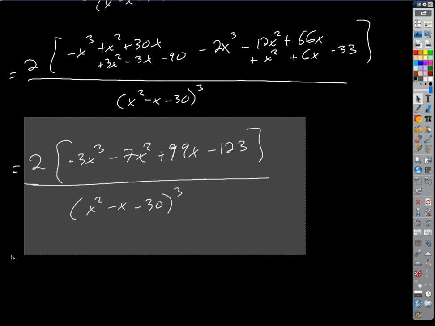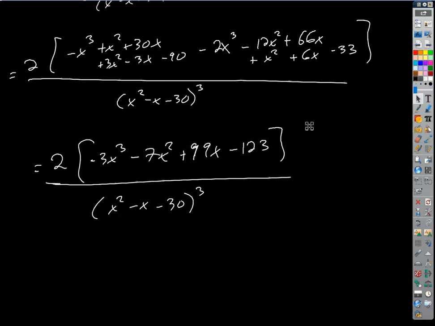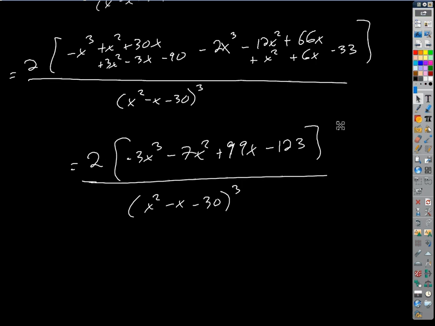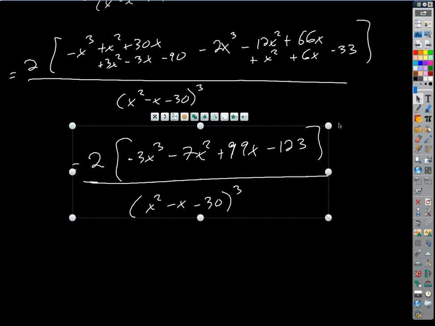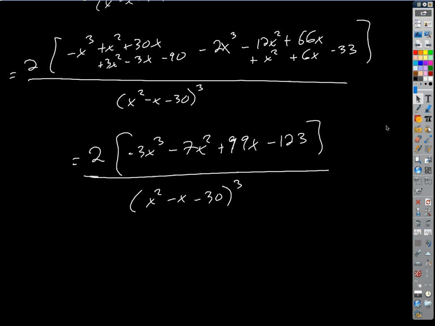Let's just talk about how we could solve this, and maybe not actually do it. Maybe we'll cheat and use technology, but how could we analytically get the zeros in this thing? There's the grouping method, which might or might not work. One thing you could check is if the ratio of -3 to -7 is the same as 99 to -123.